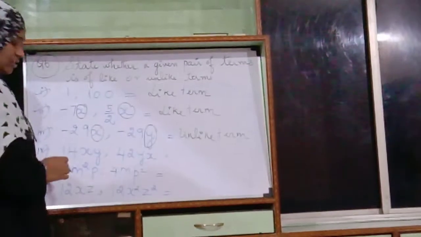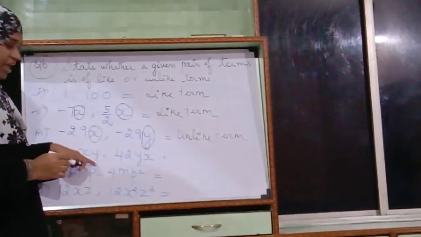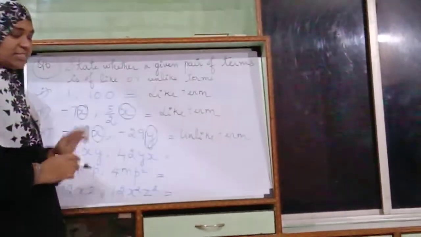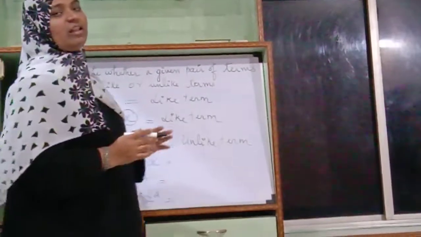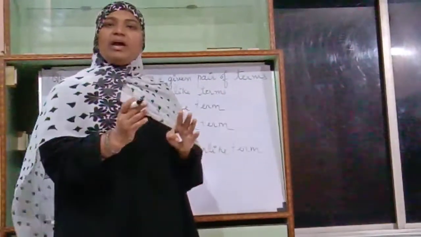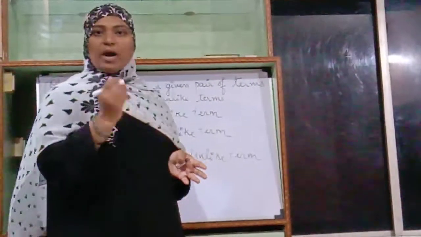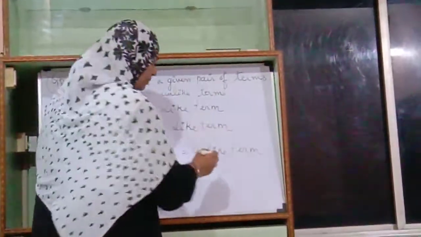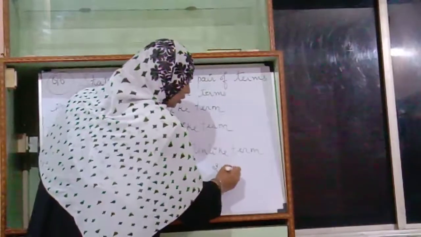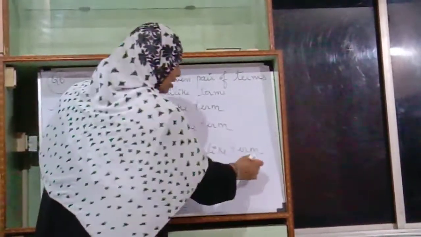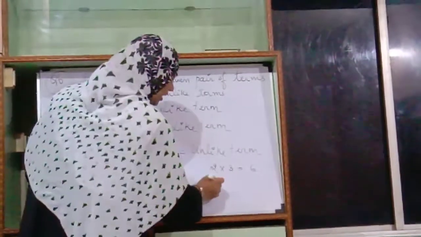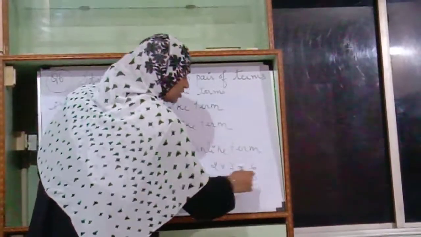The fourth question, 14xy and 42yx. We know in general that x into y gives you xy, y into x gives you yx. Both are the same. I'll give an example. 2 into 3 is giving you 6, or 3 into 2 also gives you 6.